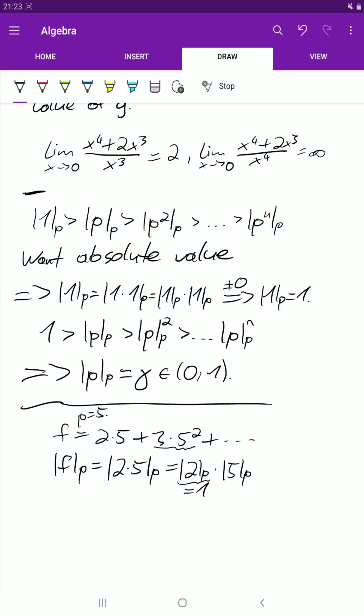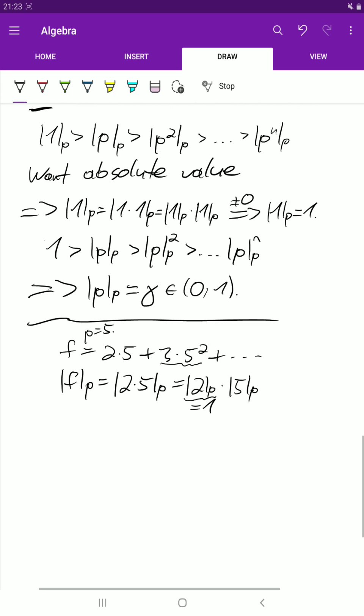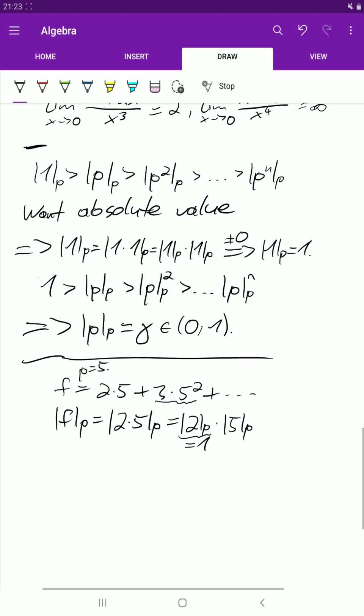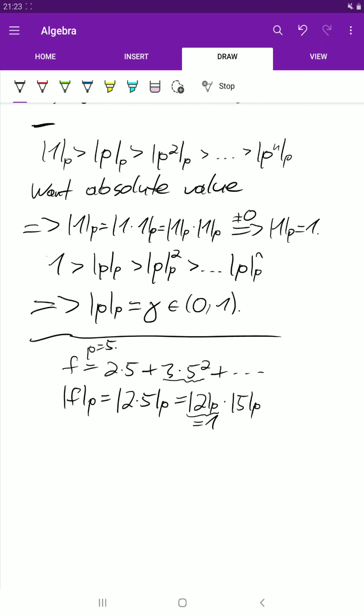Okay, now we have an absolute value. And so maybe I go back to the rational numbers and don't deal with power series anymore, but introduce them now in a more formal way.